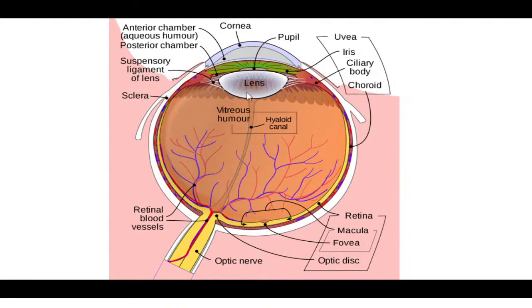And also we have seen lens, as you remember, arising from surface ectoderm, and this is epithelial, a special organ.